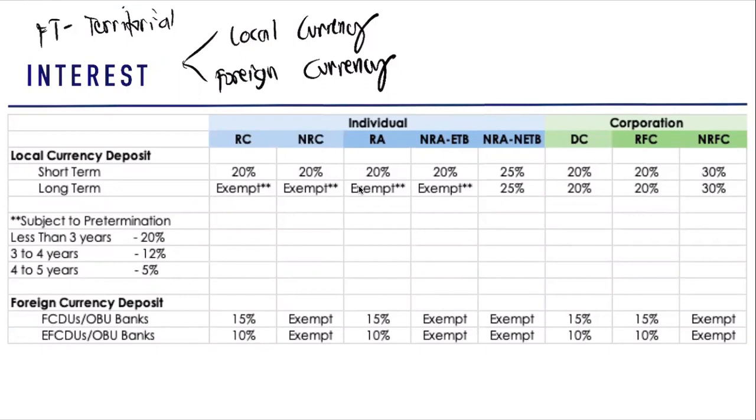Okay? So please do not forget the different things that we have learned before, because those are necessary learnings that you need as we go through this lesson. Because what's hard here in taxation is that you must know all the details as we go through.